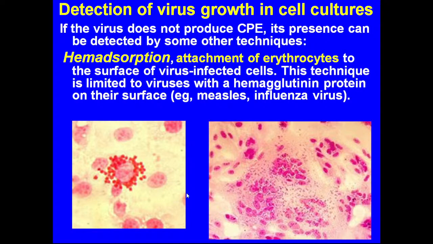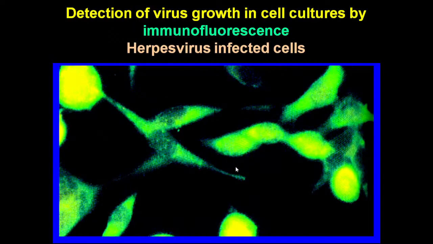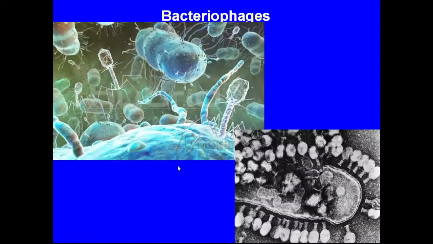Then how it appears at the higher magnification, right? And also we may perform some immunofluorescent tests to find the viral proteins or virus-infected cells. That's how virus-infected cells may appear.